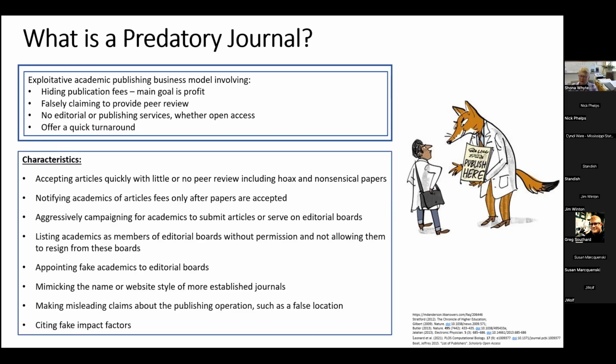The characteristics of these: I'm sure most of you have received emails soliciting you to be part of editorial boards, and I would pretty much guess that a huge proportion of the emails that you would receive are from this type of journal. They would accept articles quickly with little or no peer review, and that would include hoax and nonsensical papers.